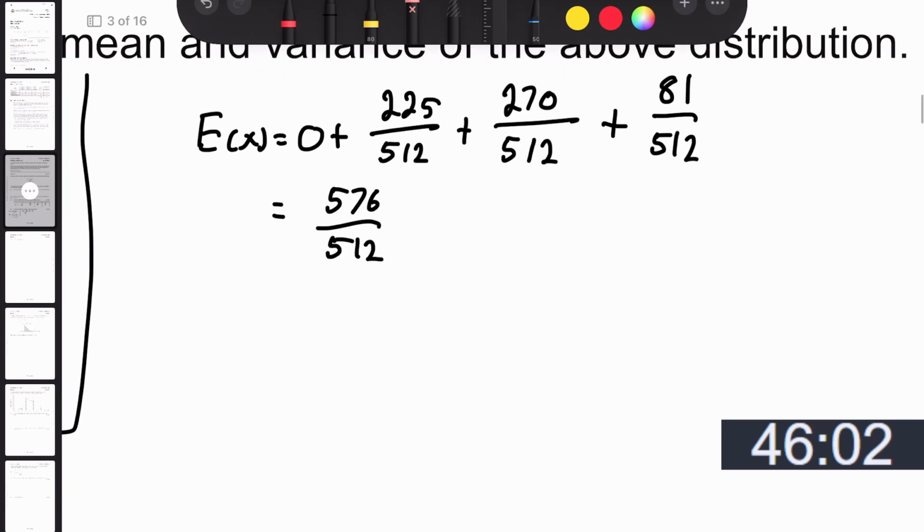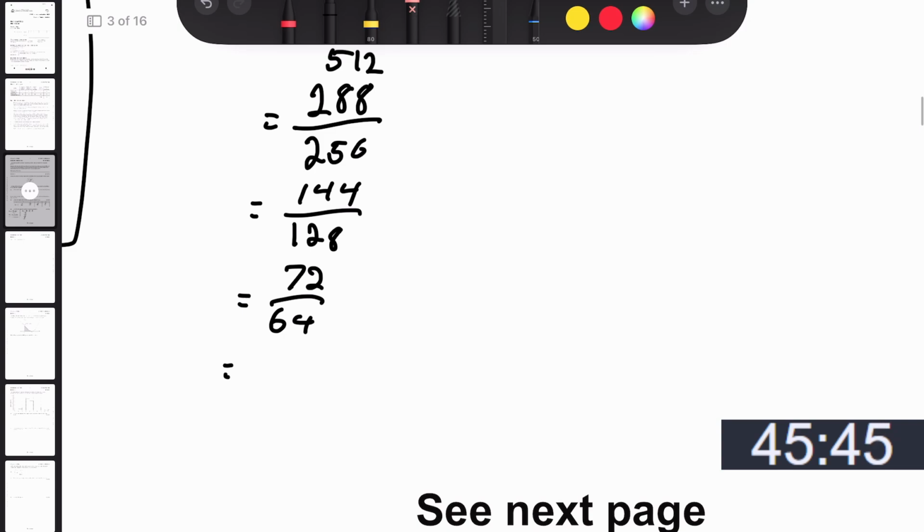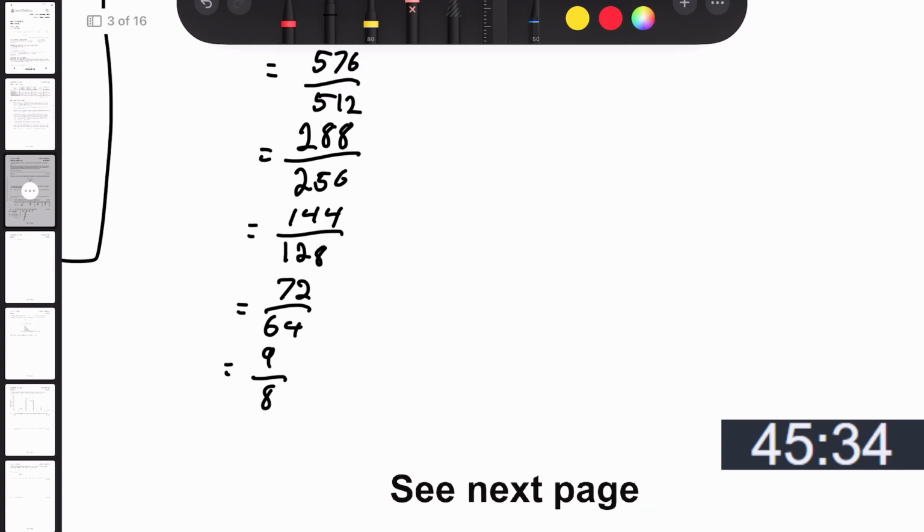Do they really want me to divide that? I don't know. 288 over 256, 144 over 128, 72 over 64, divided by 4, 36, 18 over 16, 18 on 16 is 9 on 8. So 9 on 8.